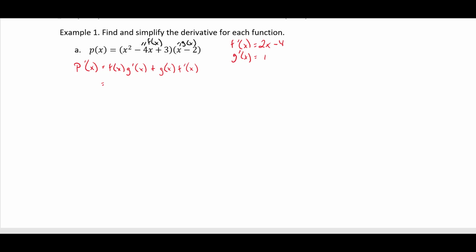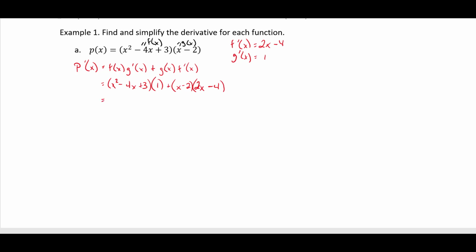So f of x was x squared minus 4x plus 3. G prime of x was 1. And then plus, so now g of x, so x minus 2, times the derivative of the first, so times 2x minus 4.